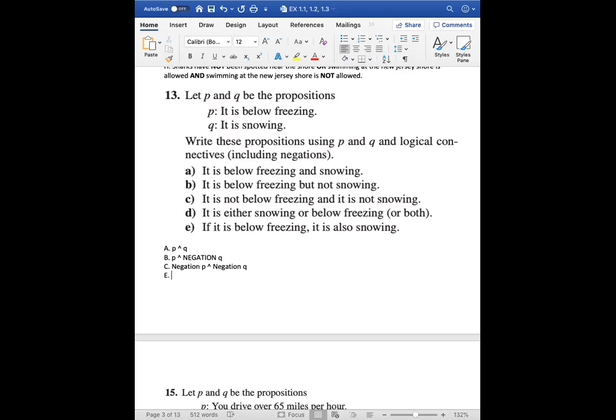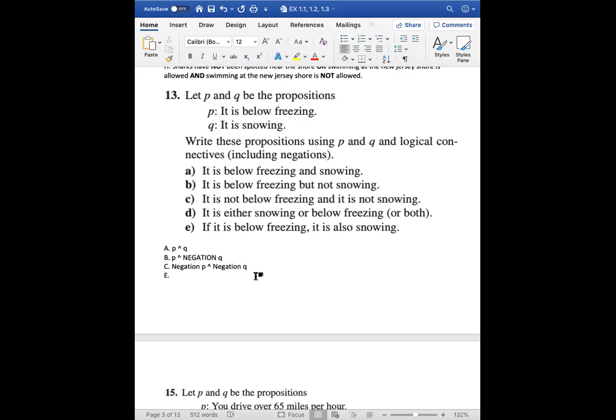Part number E, if it is below freezing, it is also snowing. Here we have the words "if, then", so we are satisfying another condition. We have some precondition which promises us some result. If it is below freezing, only then will we see that it's snowing.